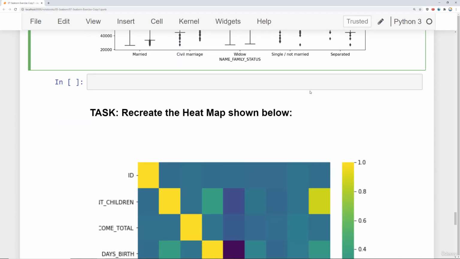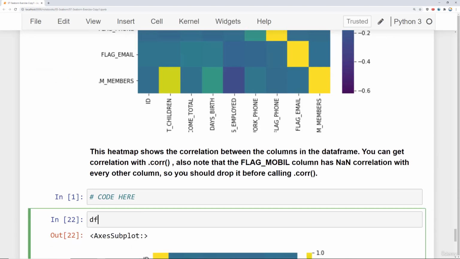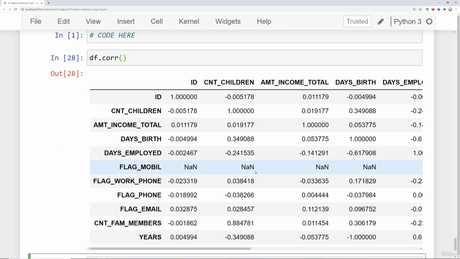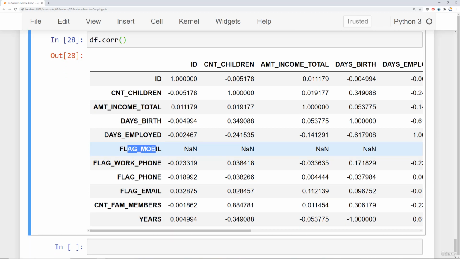Okay, so finally we wanted to recreate this heat map shown below, which is just showing the correlations here. And so if we say df.corr, this will relay back the correlations. You'll notice that because of the way it's written out in the data frame, this flag mobile has a bunch of null values because it's missing a bunch of stuff.